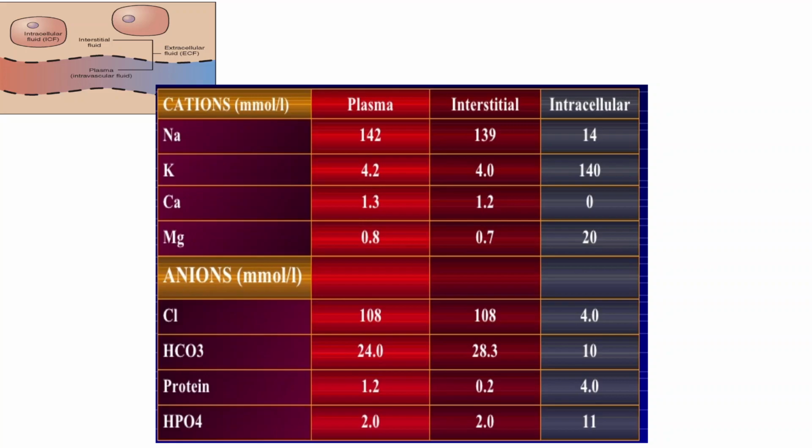Sodium is kept more in the extracellular space; the ratio of sodium in the intracellular and extracellular space is around 1 to 10. For 14 millimoles of sodium in the intracellular space, it's around 142 in the plasma. Similarly, among the negative ions, more of the chloride is in the extracellular space, and the chloride in the intracellular space is lower.